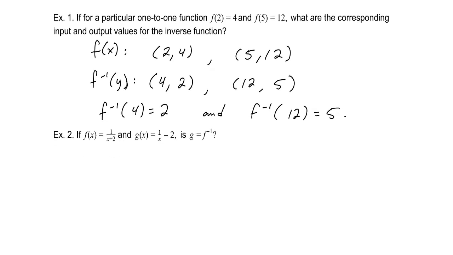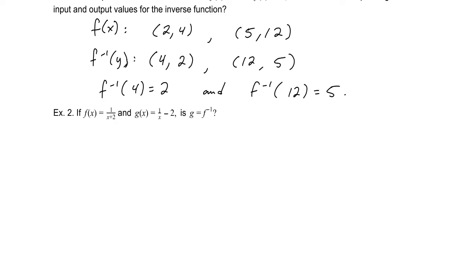Alright, example 2. If f of x equals 1 over x plus 2 and g of x is 1 over x minus 2, is g equal to f inverse? The way we verify that is to take one of these two compositions, f of g of x, and show that it equals x, or g of f of x, and show that it equals x.